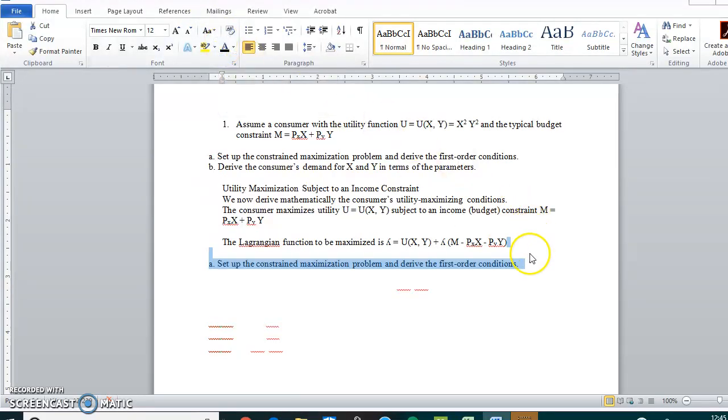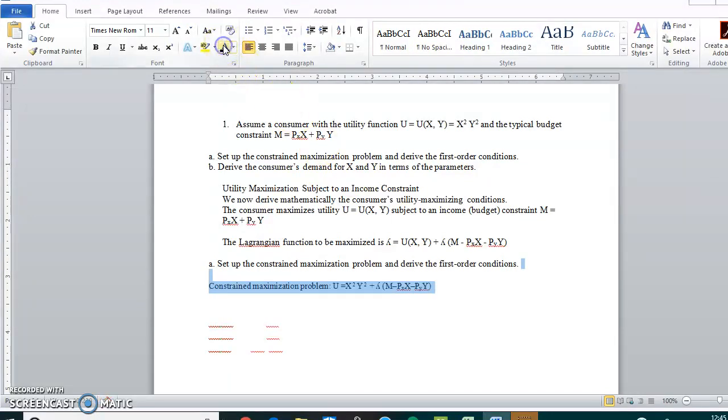So our first task is to set up the constrained maximization problem and derive the first order conditions. The constrained maximization problem is right in your book, which is just the Lagrangian function.